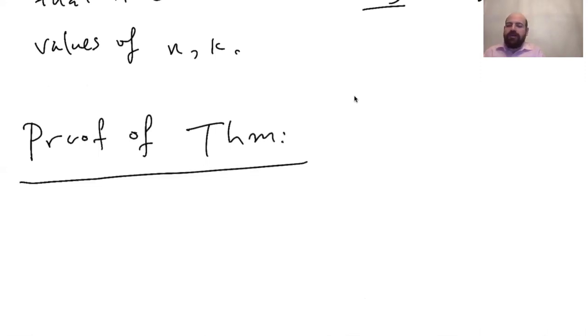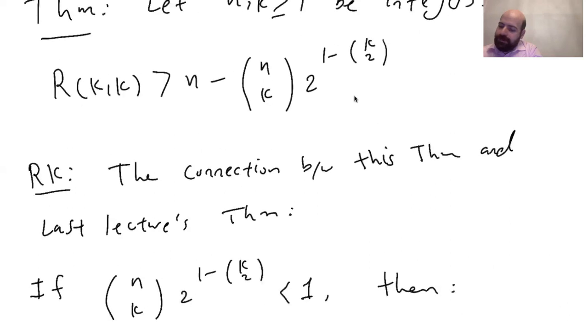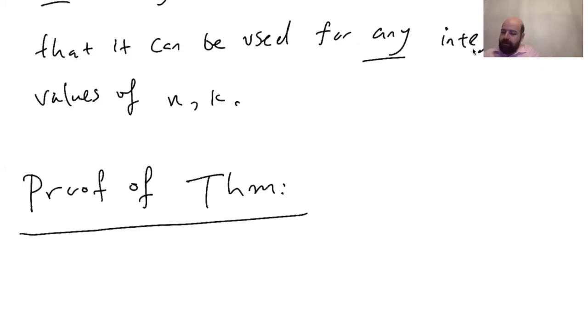Okay, so we are given n and k, and we want to prove that capital R(k, k) is bigger than this number. Okay, so how can we prove this? To prove this theorem, if you remember, let me tell you about the idea.